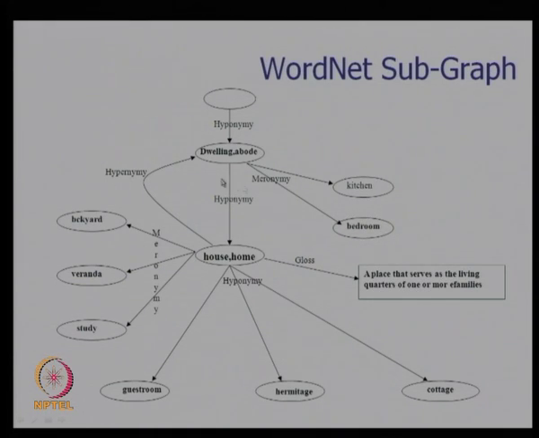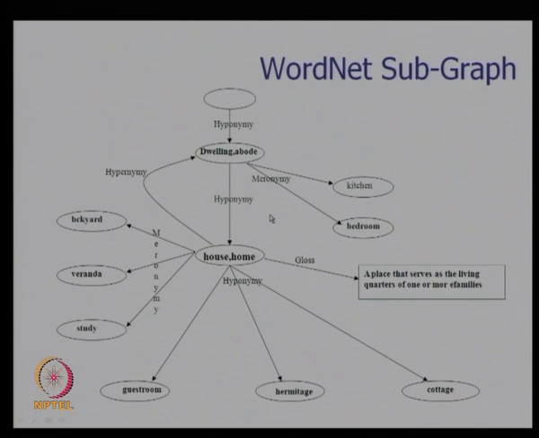So, one would like to see the overlap from hypernymy, hyponymy, meronymy, holonymy, and so on. Wherever there is a connected node, we would like to go into that node, obtain the words in that node, create the sense bag, and then find out the overlap.